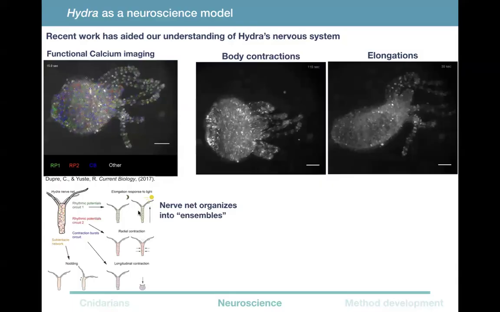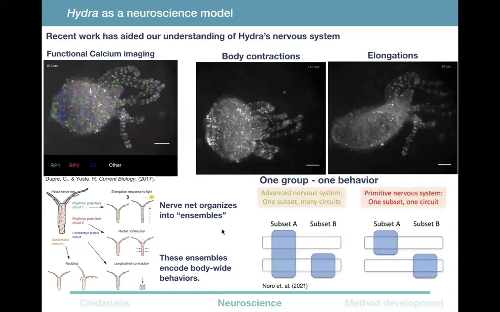Generically speaking, they find that the entire nerve net is assembled into ensembles, and these distinct ensembles encode specific behaviors. So there's one group that always fires together that causes nodding, or another group that causes contraction or elongation. Unlike bilateria, it seems that these primitive nerve nets work in a way such that there's one subset, one circuit.